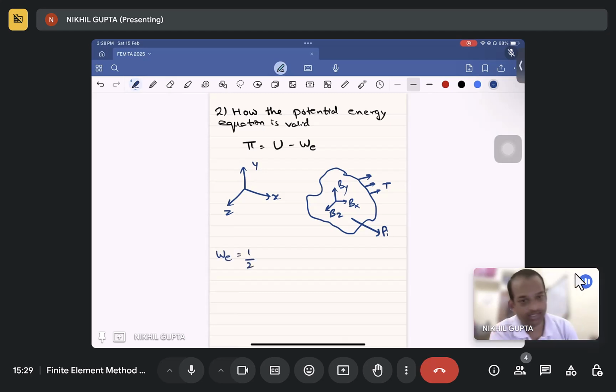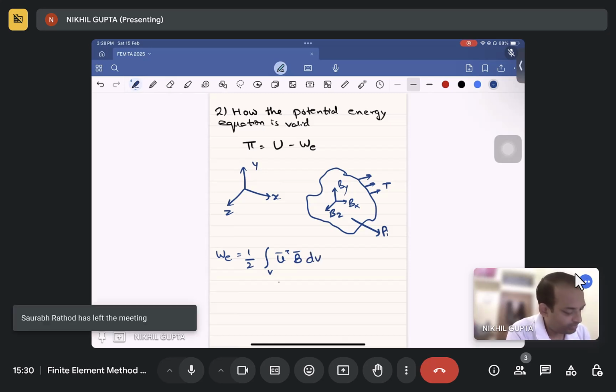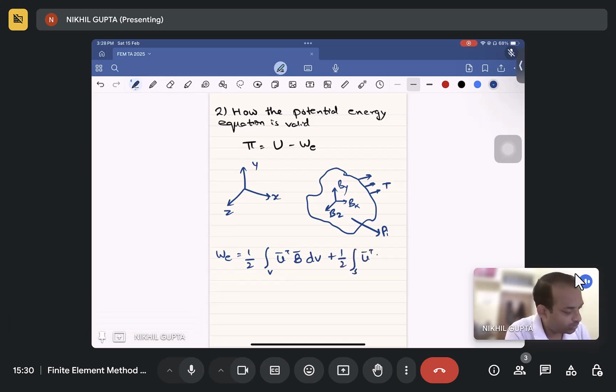Let it be a linear elastic body, so you will use half here. In volume you will write half of u bar transpose b, which is the vector of the body forces, plus half of the surface integral of u bar transpose t, traction, into ds, plus summation of ui transpose into Pi.